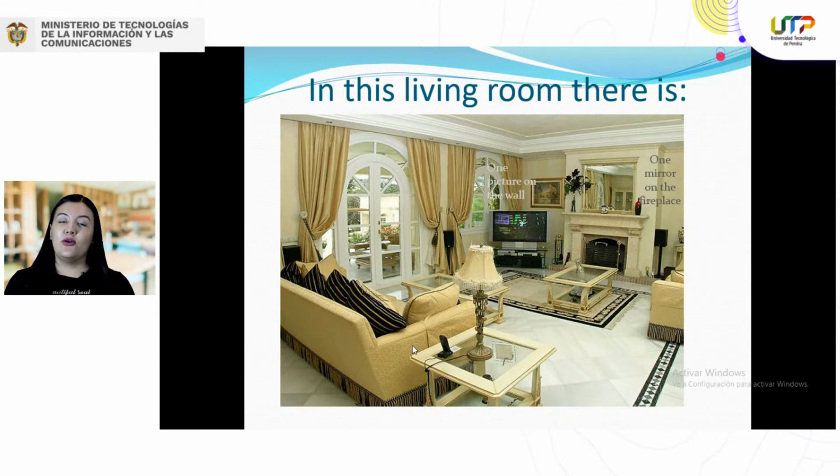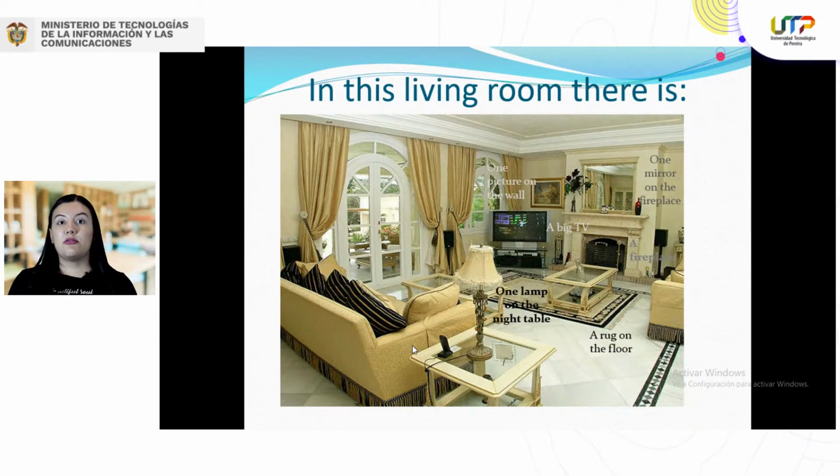There is one picture on the wall. Mismo ejemplo, solamente hay uno. There is a big TV. There is a TV. There is a fireplace. There is one lamp on the night table.